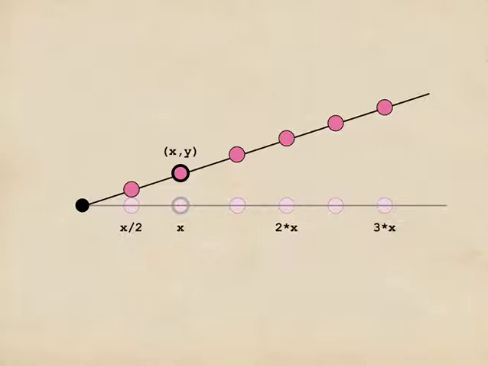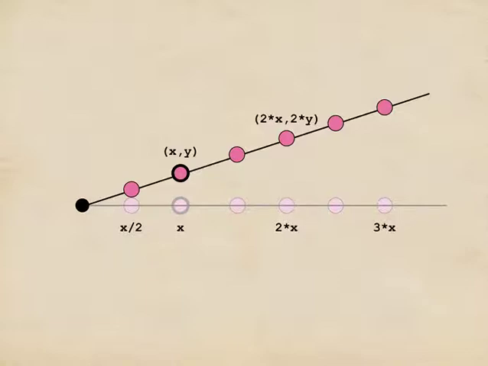Where is the point that is twice as far from the origin as xy? It's at 2 times x, 2 times y. We multiply both x and y by the same number. That's the key. That's the whole thing. As long as you multiply x and y by the same value, you will always get points along the line.